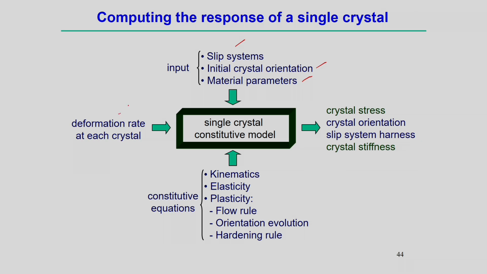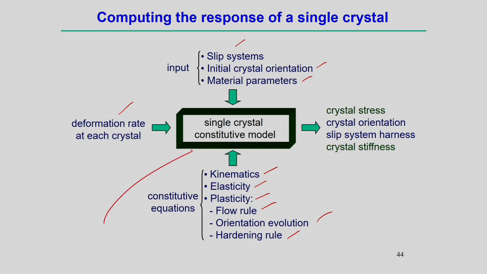Then we should know the deformation rate at each crystal, and of course some constitutive equations are involved: the kinetics, how the elastic behavior is followed, and how the plastic behavior of the single crystal structure is represented. Plastic behavior depends on the flow rule, and orientation evolution depends on the hardening rule.